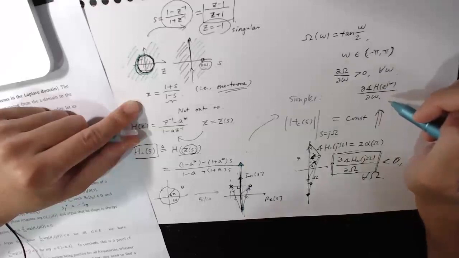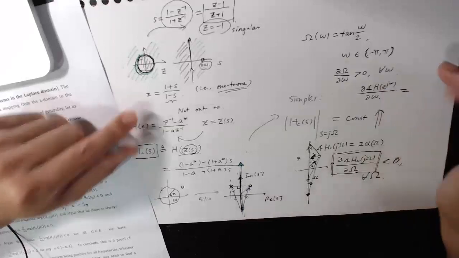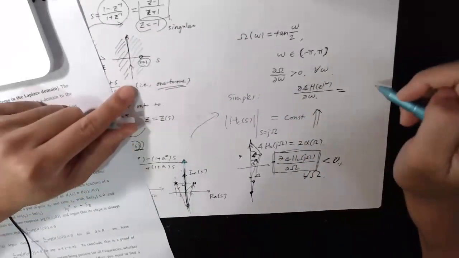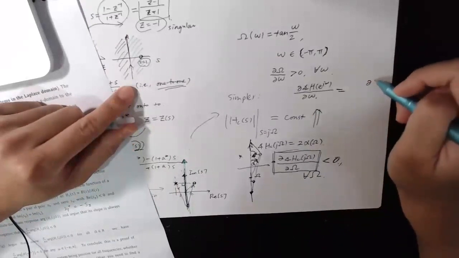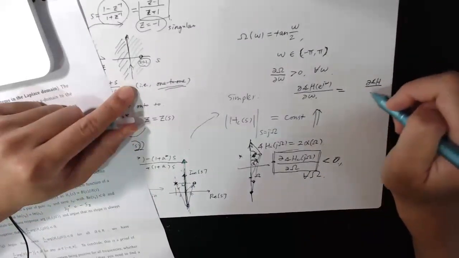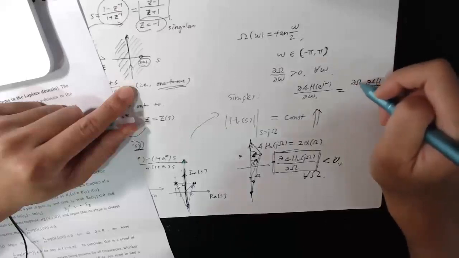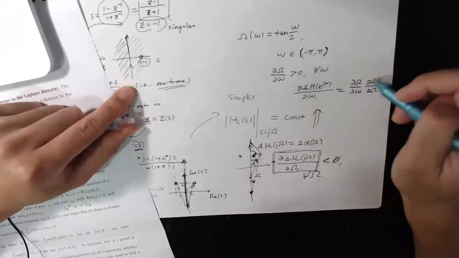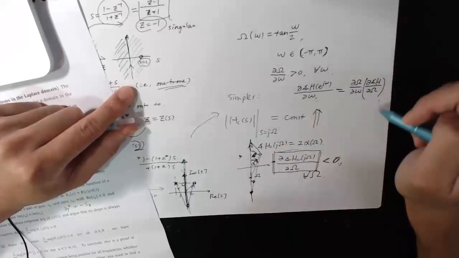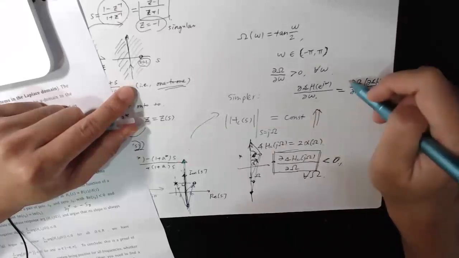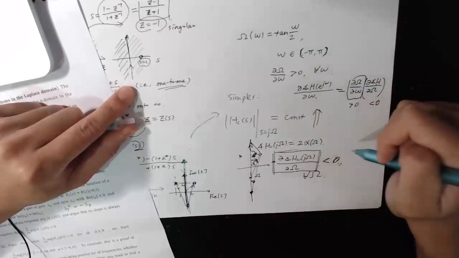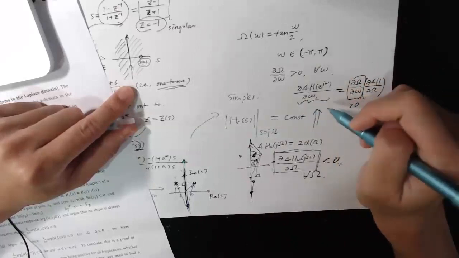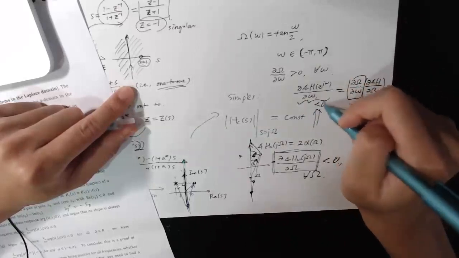The reason is that we can apply the chain rule. We've shown that this thing is always negative, and this thing is always positive. Therefore this product is always negative.